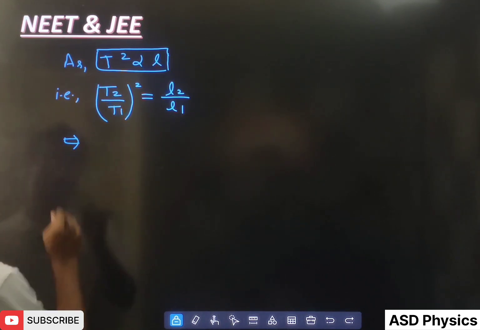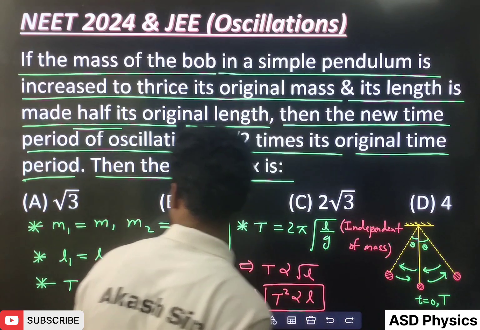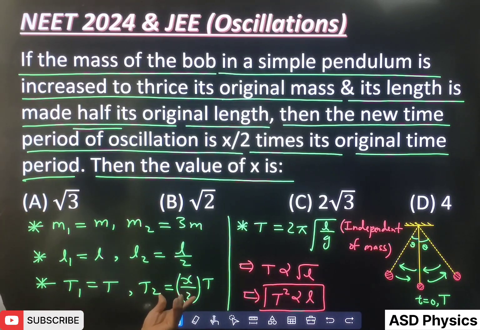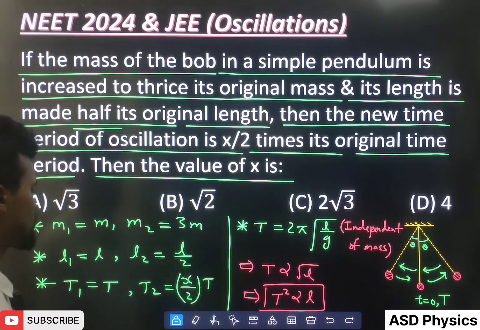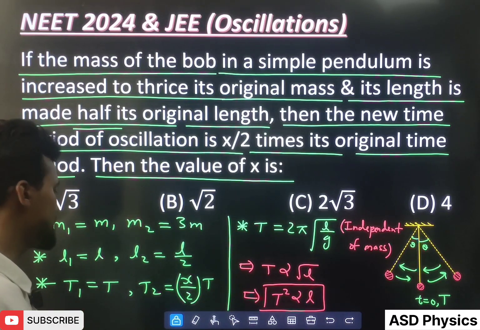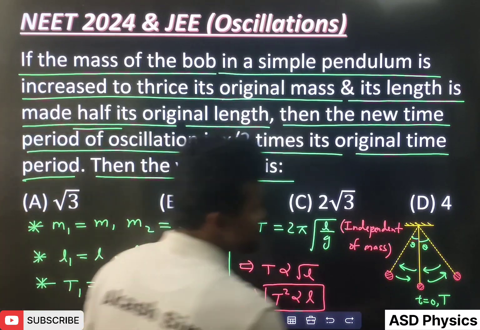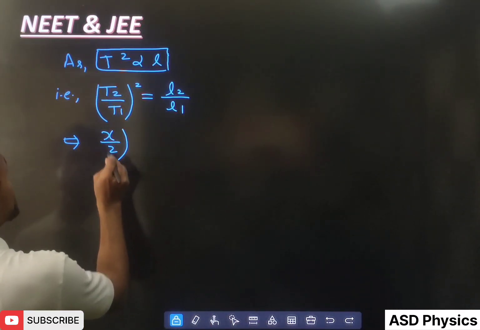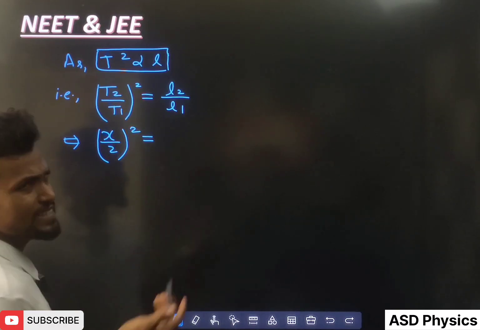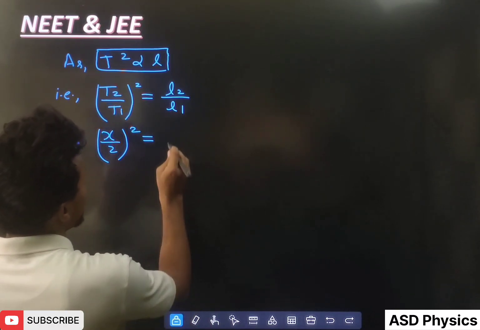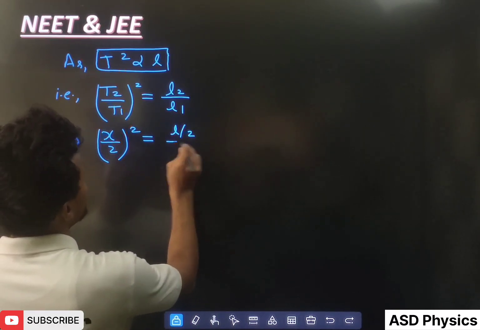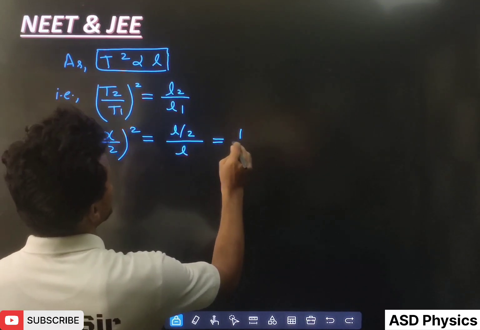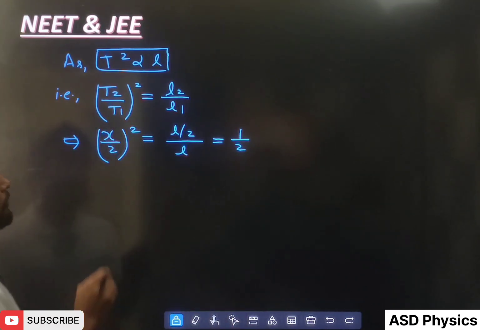Here T1 is T and T2 is x by 2 T. When you put the values of T2 and T1, T will cancel out and it will become (x by 2) square. Similarly, L2 is L by 2 and L1 is L, so L will cancel, and it will become half.